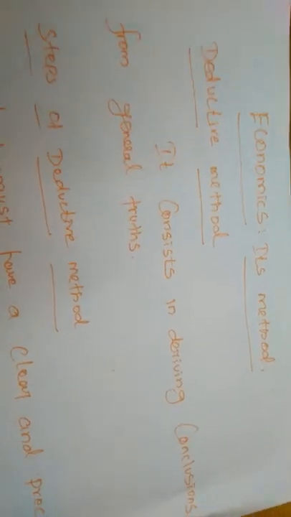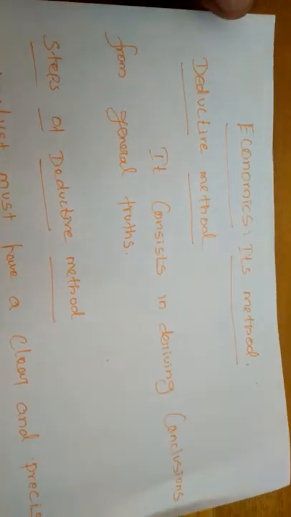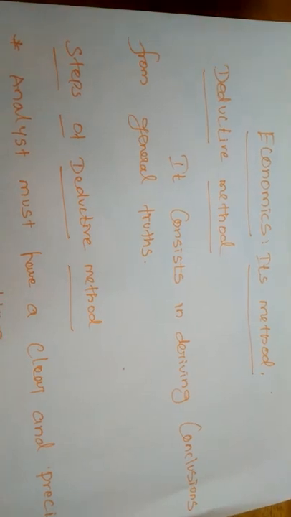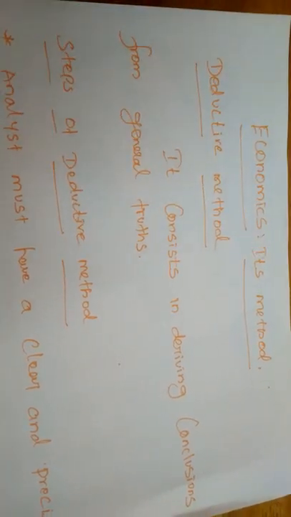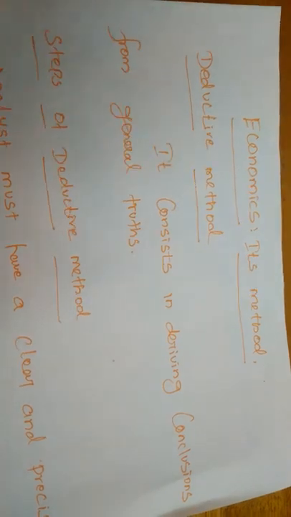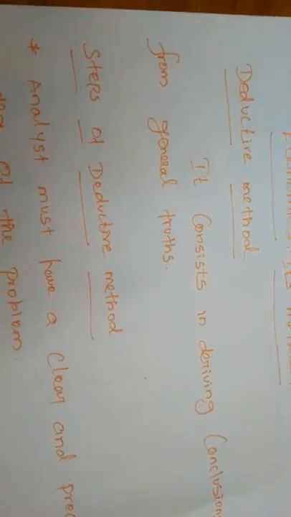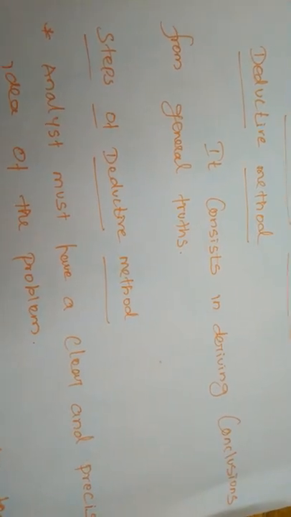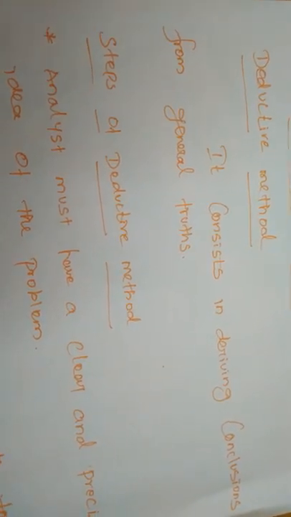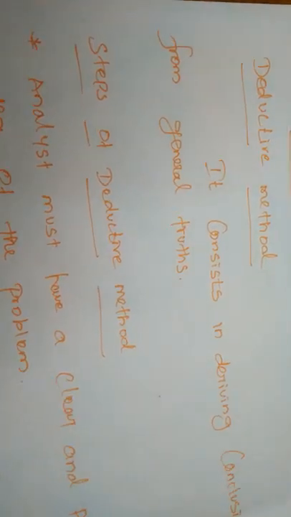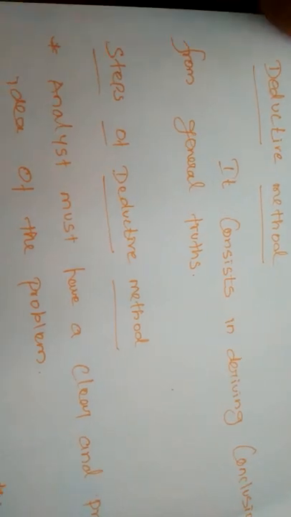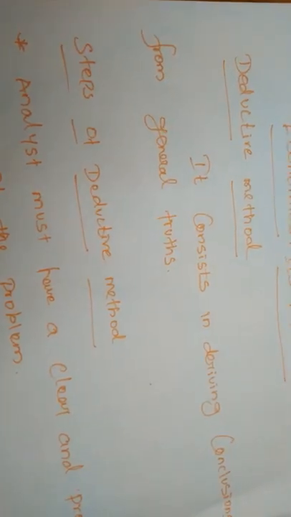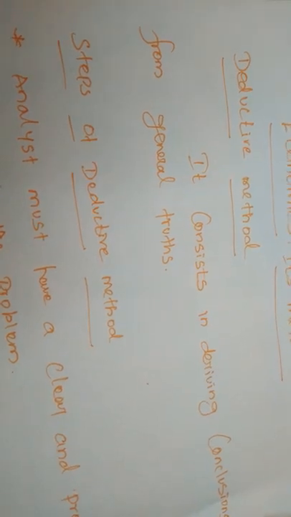For example, the law of demand. In this law, whenever the price of a commodity increases, the demand will decrease. Otherwise, whenever the demand increases, the price also will increase, but at the same time the supply will decrease. If the demand for a commodity increases, its price also will increase.